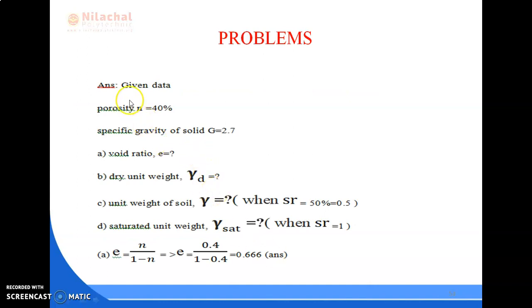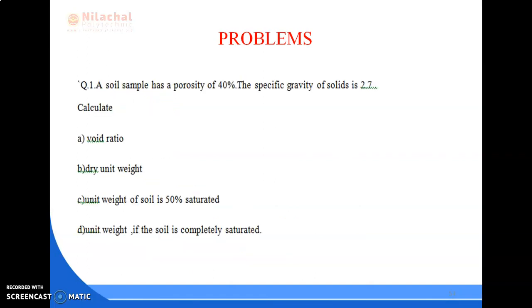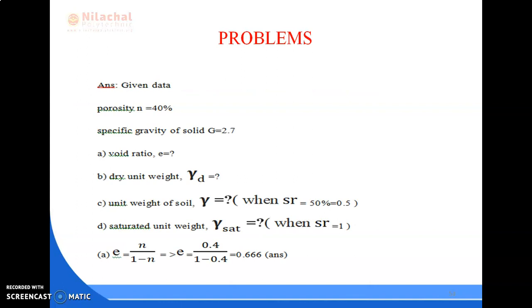Now we write the given data from this question. Before solving the problem, I want to tell you that in every problem, the first step is to write the given data. If you write the given data clearly, then it is very easy to solve the problem.